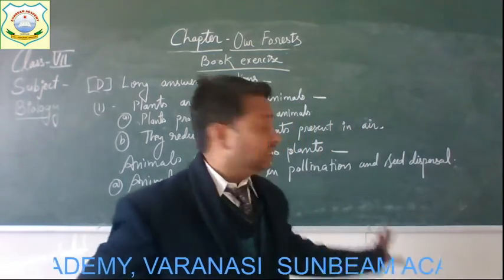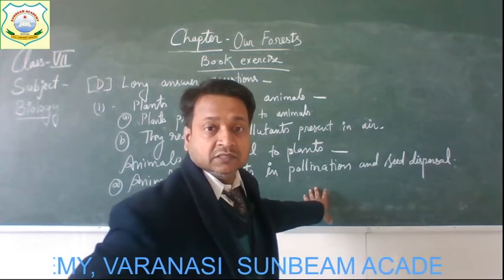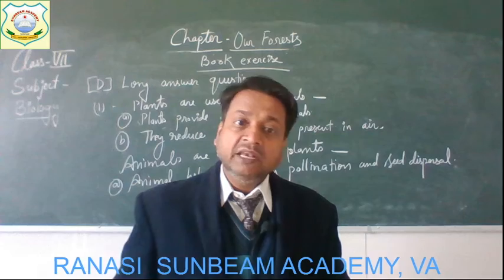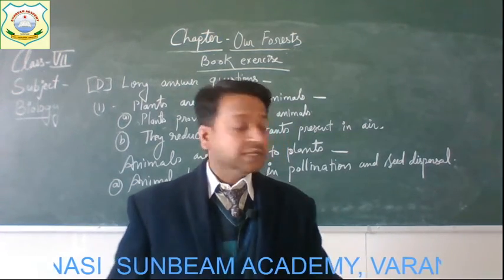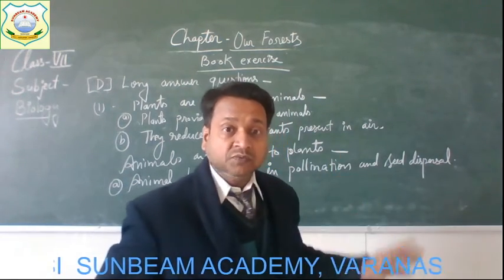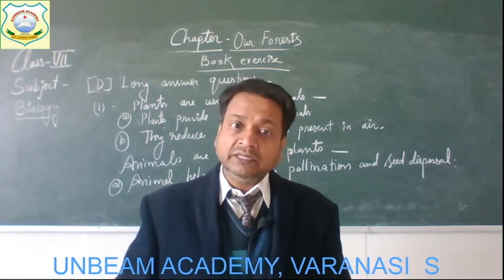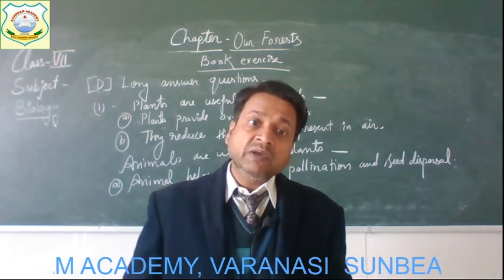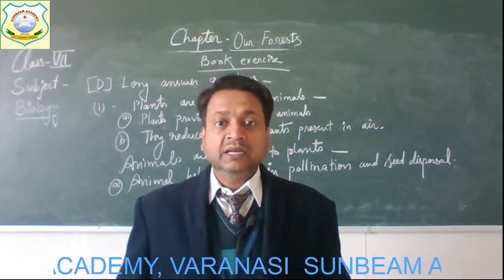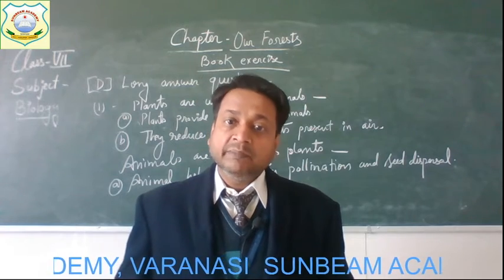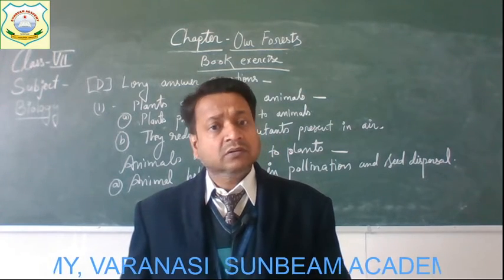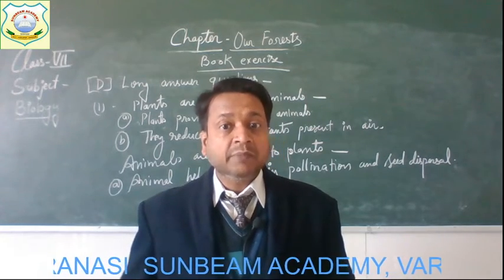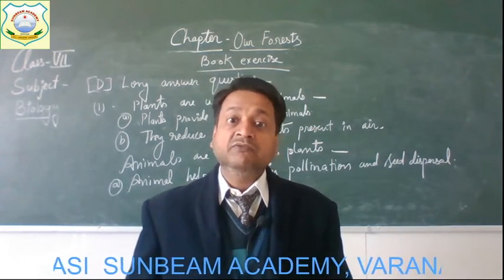Children, remember that these are the two important processes, pollination and seed dispersal, in which animals help the plants. Pollination is the transfer of pollen grains from anther to stigma. This transfer takes place by wind as well as by certain animals like insects, honeybees, butterflies and all. Get it? And due to this pollination process, the formation of seed takes place and the fruits form.